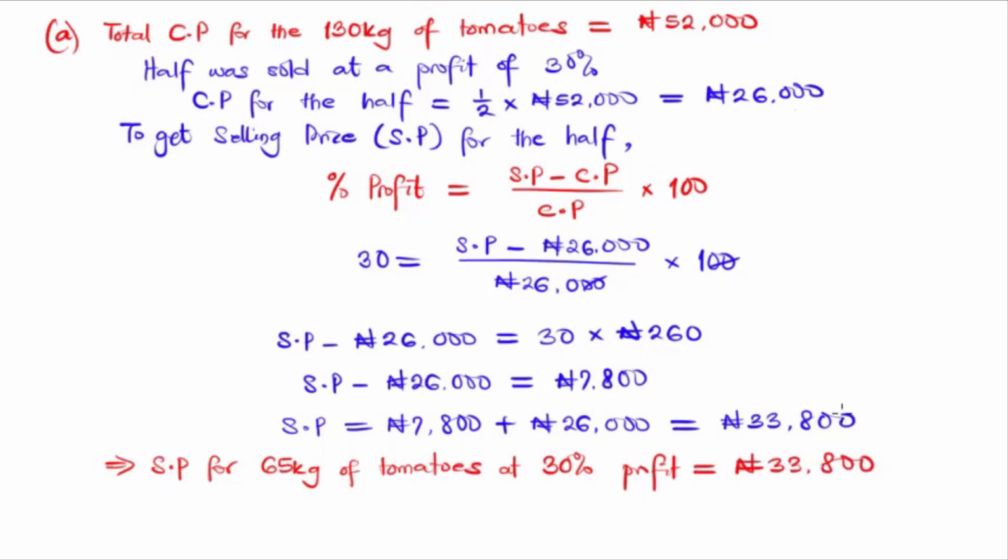That's the selling price for 65 kilograms of tomatoes at 30% profit. So that's the first thing that we are getting.